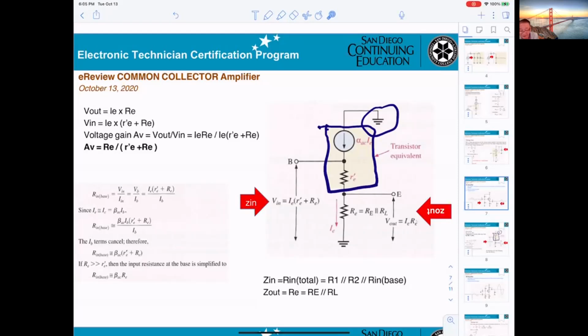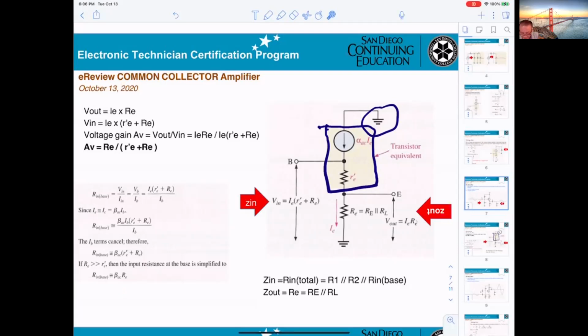Now, input impedance. That means if you're looking from here into the transistor, how much resistance you can see. If you're following what they are doing in the calculation here, finally R in base will equal beta times R small e.